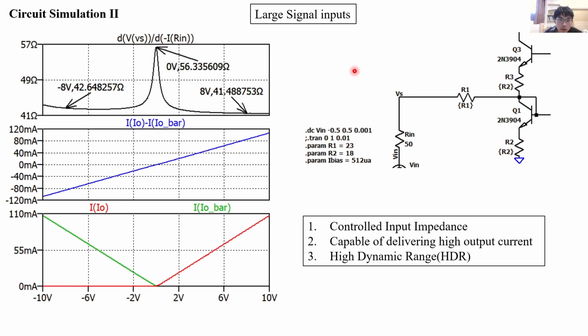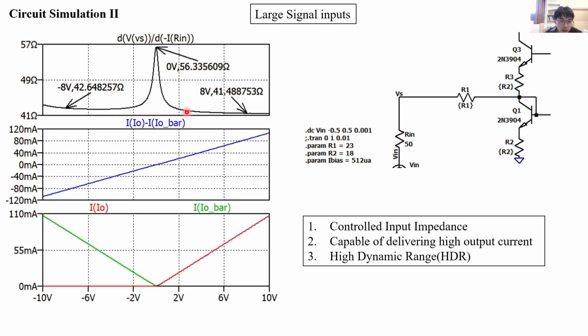And for large signal input, the input impedance curve goes like this. Yes, it's a peak in the middle, and the value at Vin equals 0 volts is about 56 ohms.